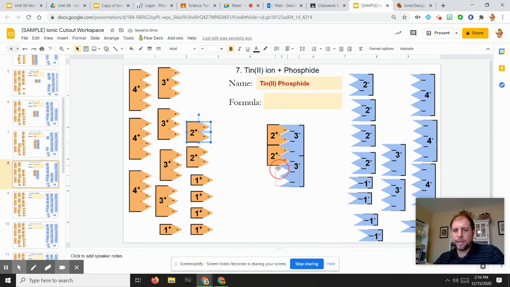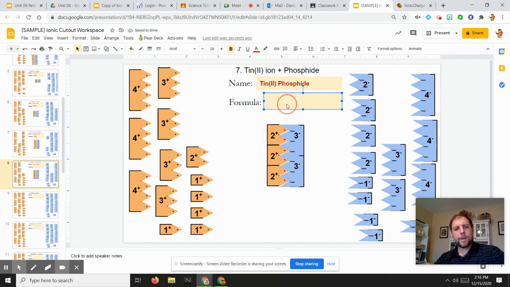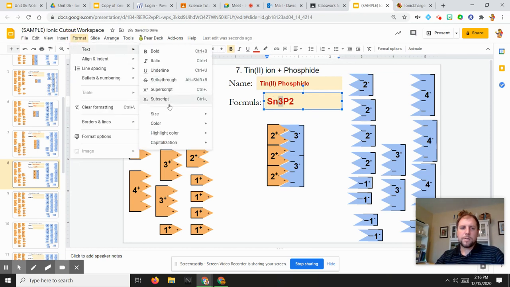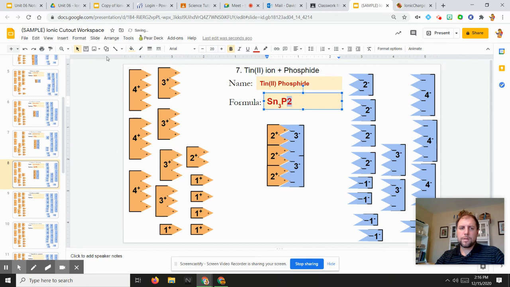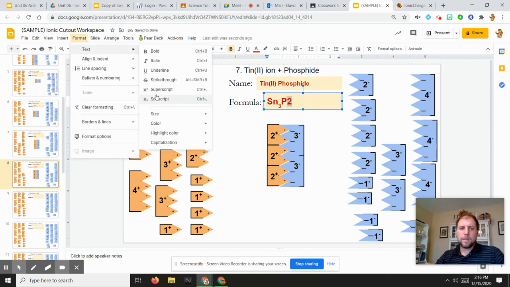You'll know everything just by hearing the name and knowing the charges. Bam, there we go. How many tins? 1, 2, 3, so Sn3. And how many phosphides? 1, 2, P2. Sn3P2. Format, text, subscript.